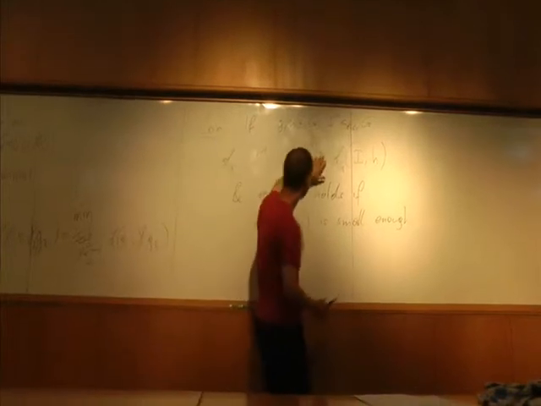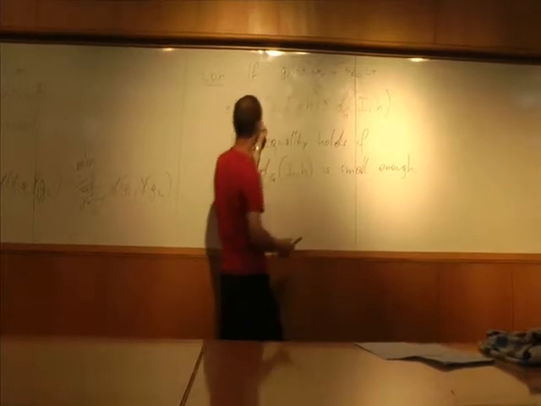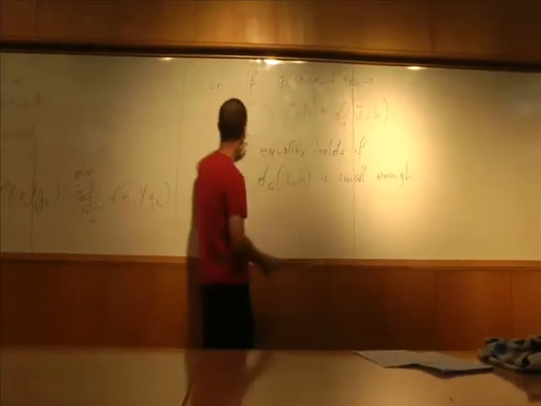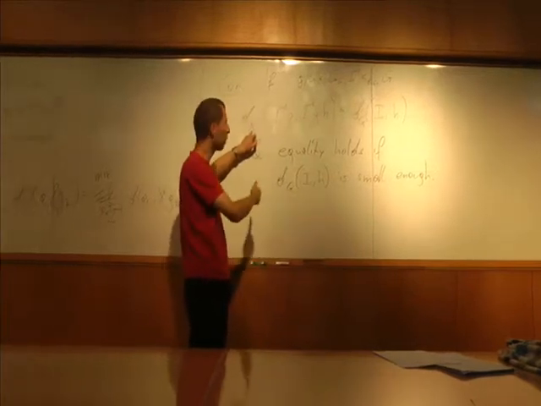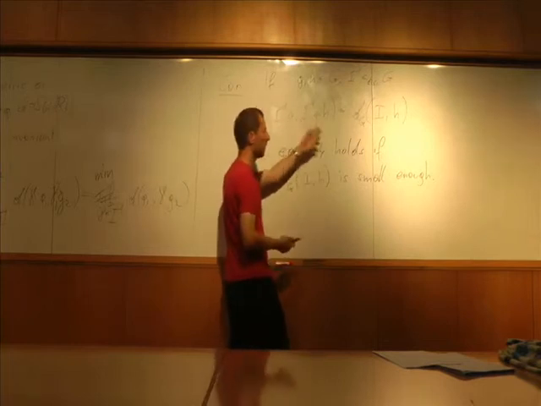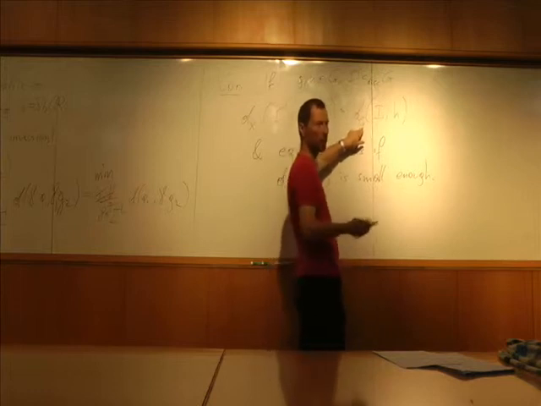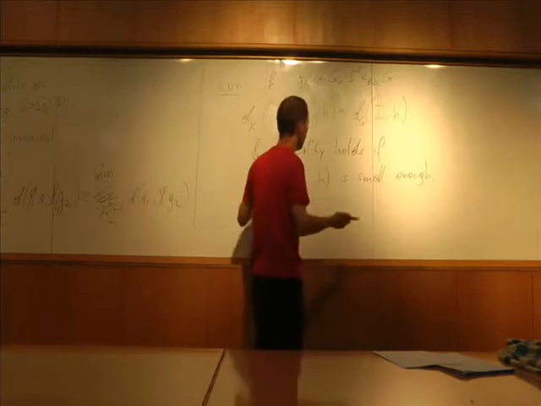And why is it not always equal? It's not always equal because this might be huge, right? And the quotient X might be compact, so it can't be always equal. Because if X is compact, then the distance function should be bounded on X. But G may not be compact, SO2 is not compact. So the distance function there is not bounded. So it can't be an equation all the time.